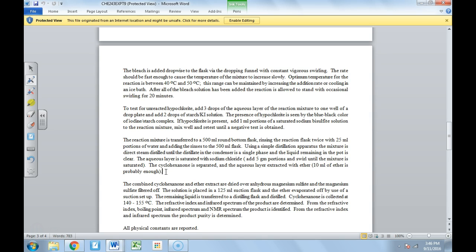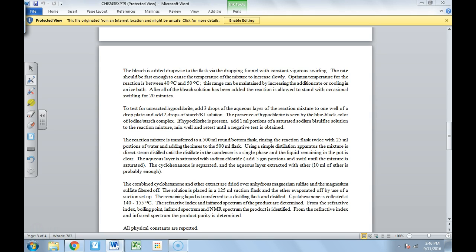Okay, that's the next question. So what you are trying to do again, now you have in that receiving flask your product, you have water, and you have maybe some starting material. You're trying to get rid of as much water as possible. So what you're going to be doing here is adding the sodium chloride.